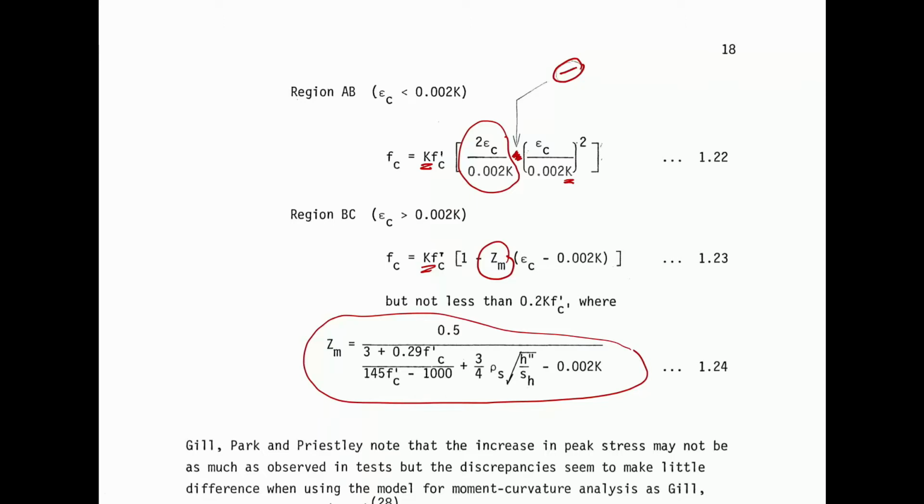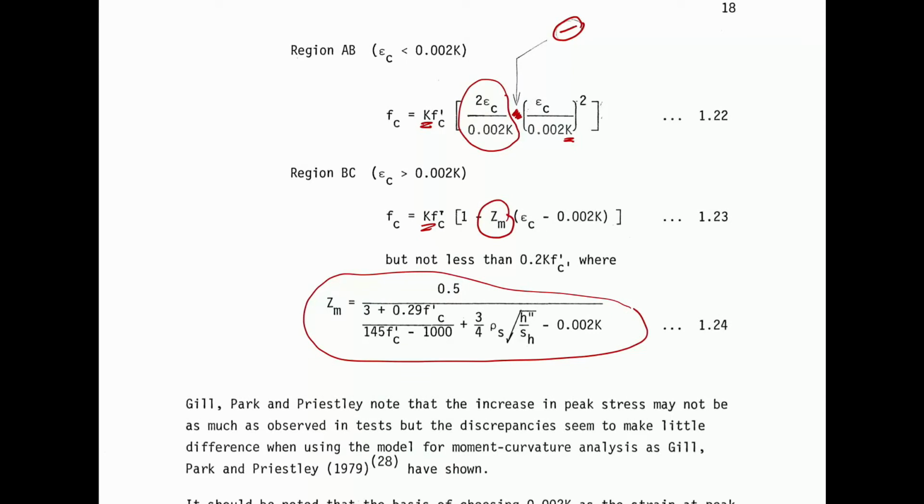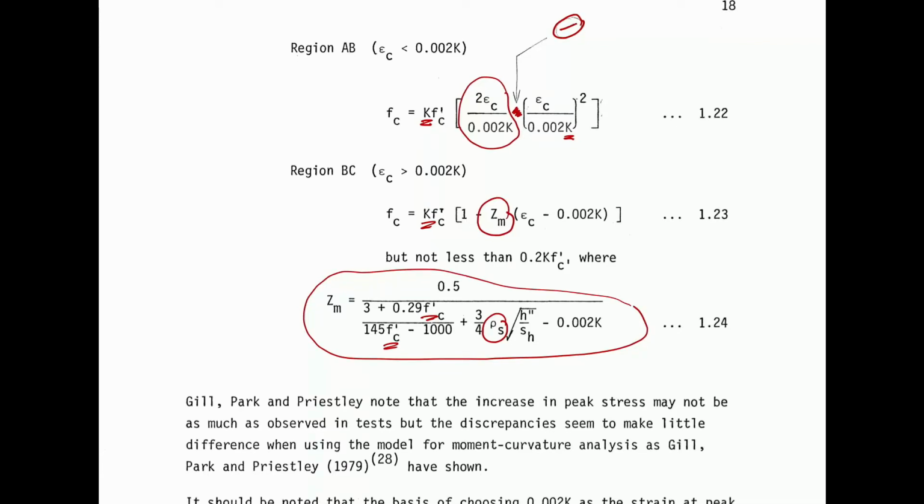So what you need to input is not only the concrete parameters, but also rho S. How do we come up with this rho S? Let's take a look at this together.